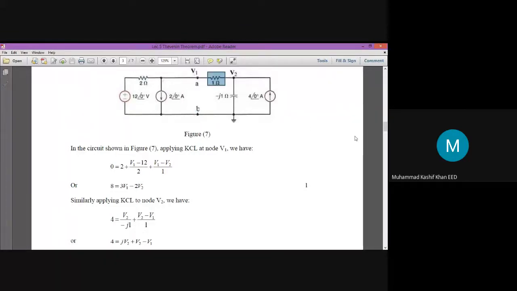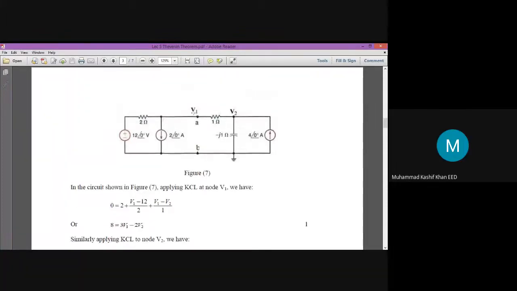The element of interest will change. So that's why in the very start of the lecture, I said that whenever you have to deal with a particular element of interest, then Thevenin theorem is very feasible for that element. It extracts the particular element from the circuit and gives you a complete analysis of that element. Basically, the Thevenin theorem is for very complex circuits where you want to only analyze the response of a specific component.